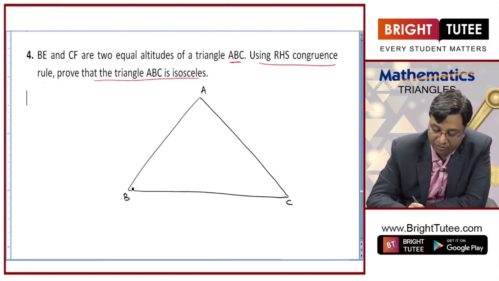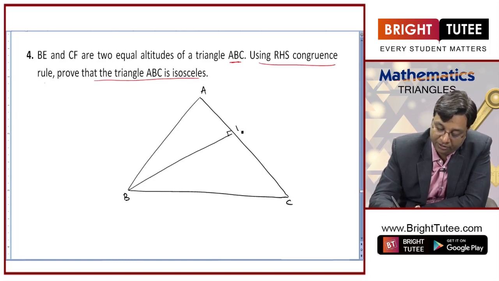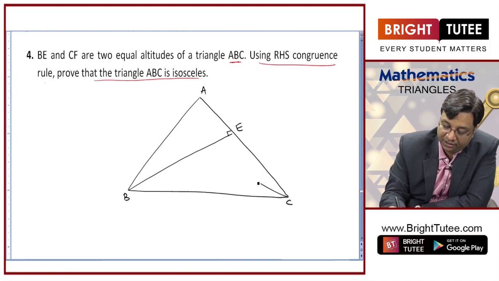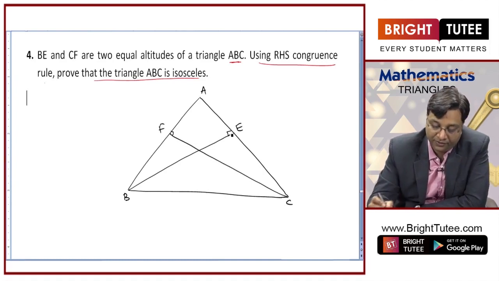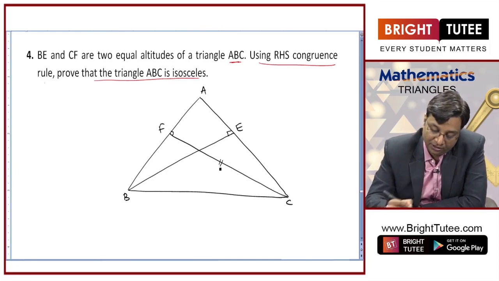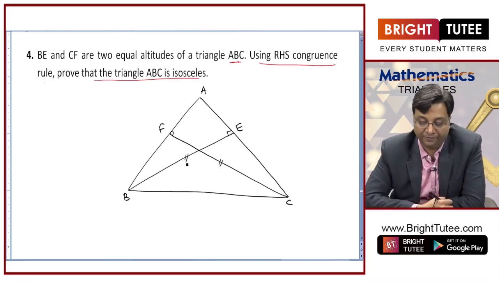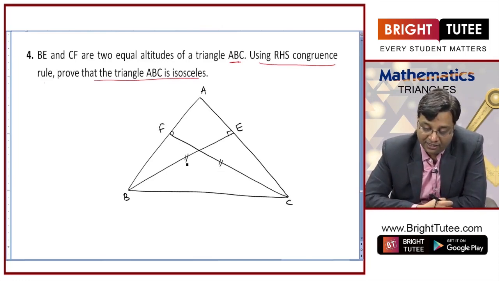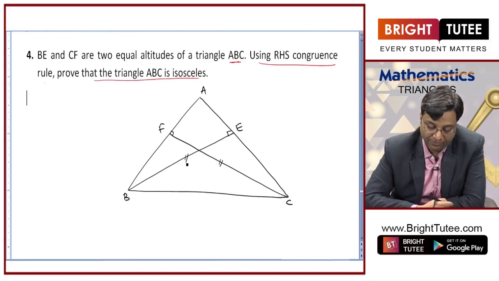BE and CF are two equal altitudes. So, BE, this is one altitude, and CF, this is another altitude, and these are equal. So, this segment is equal to this segment. Using RHS congruence rule, prove that triangle ABC is isosceles.